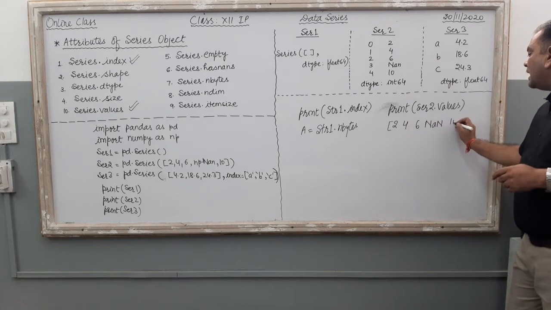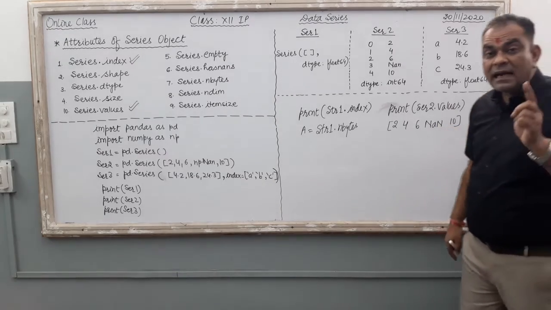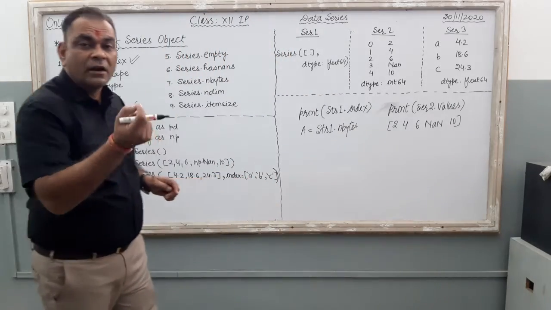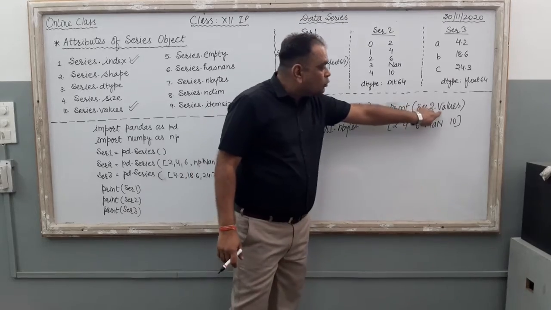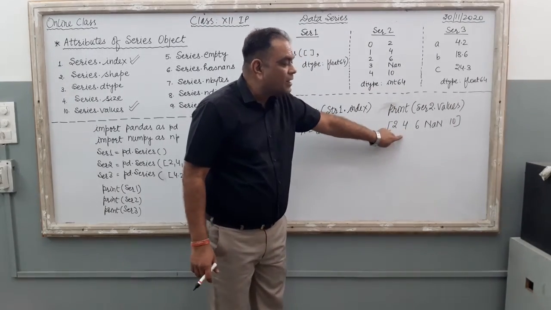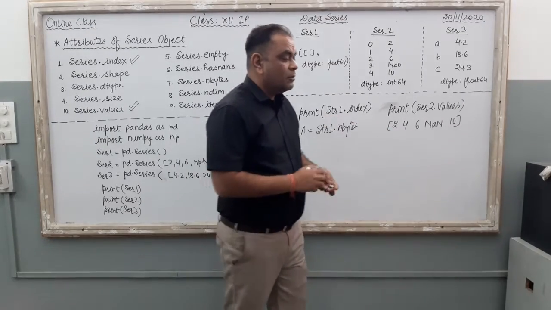The full form of NaN is not a number, right? NaN is an attribute of the numpy library. So when you use SCR2 dot values, the computer will show only the data part of the series. Just check the output, right?